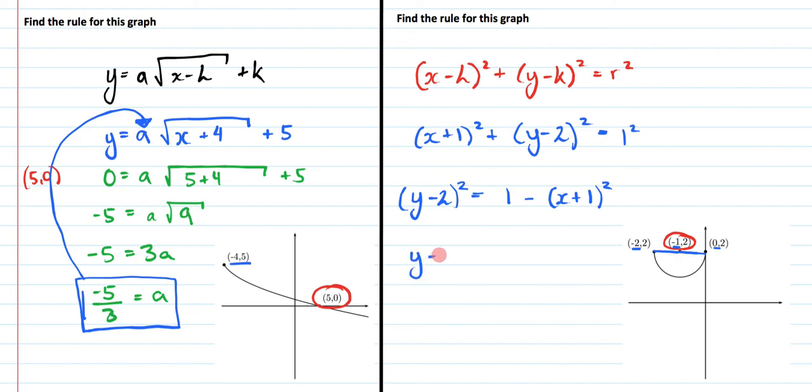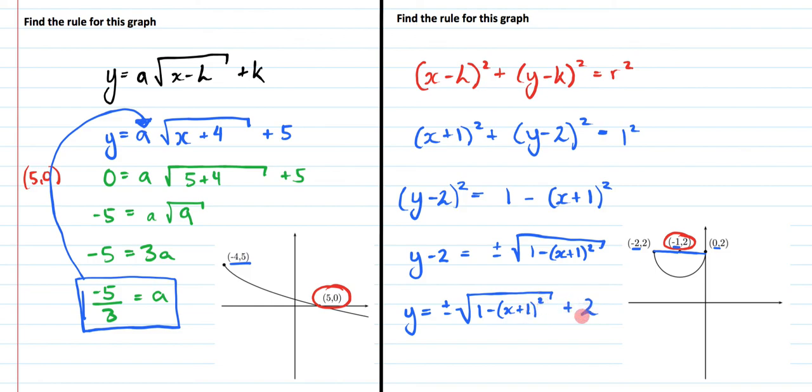I'm going to get y minus 2 equals plus or minus the square root of 1 minus (x plus 1) squared. That's a bit of a wonky looking square root. Then I'm going to plus 2 to both sides. Y equals plus or minus the square root of 1 minus (x plus 1) squared, plus 2.